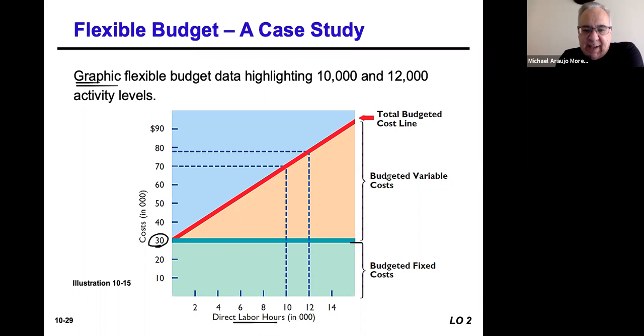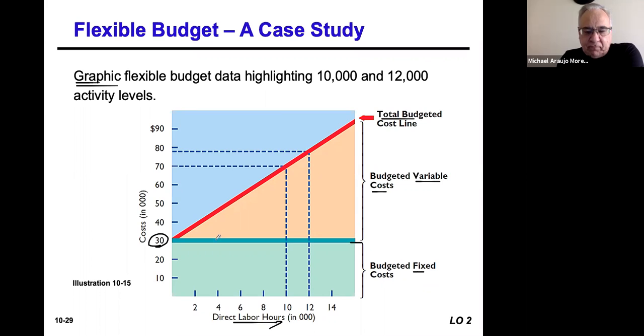However, as you see, the variable costs would change a lot based on the number of labor hours. The more labor hours we would work, clearly we would have an increase in the amount of variable costs. When you add the budgeted fixed costs to the budgeted variable costs, that's your total.